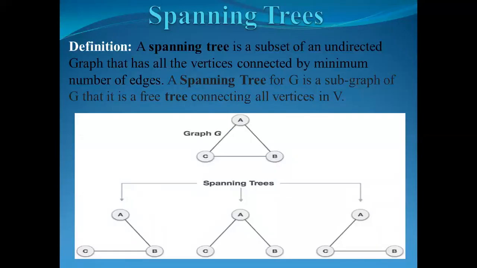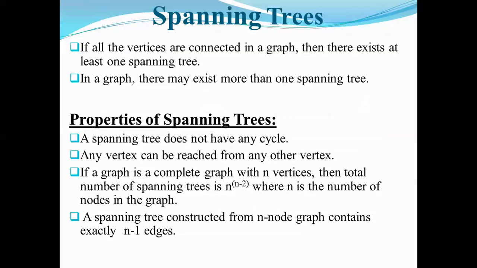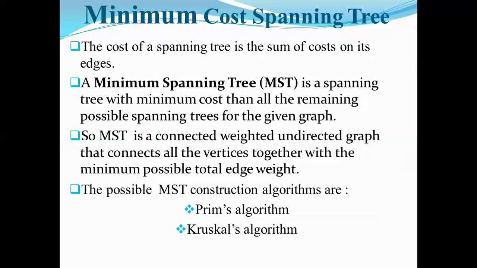Once again, I will show you. This is a spanning tree, the spanning tree definition and examples of spanning trees. And these are the properties of spanning tree. Here I explained the number of spanning trees possible from a complete graph and the number of edges required to construct a spanning tree. And here I defined what is a minimum cost spanning tree.